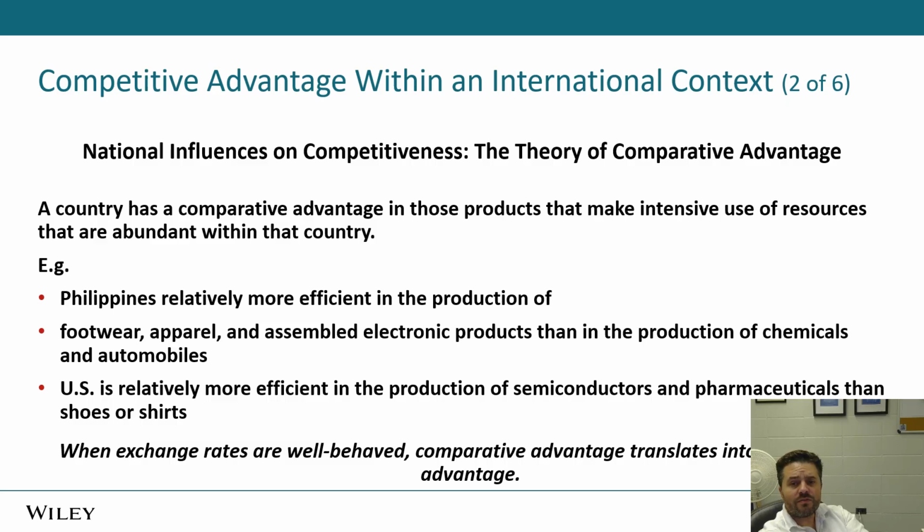If a firm focuses on doing those things that it is best at, or sorry, a country, it's meant to apply to countries, not firms. That's really important. If a country focuses on those products that it is best at, and lets someone else produce the things it's less good at, everybody gets richer.